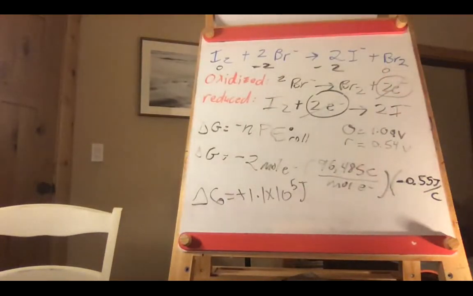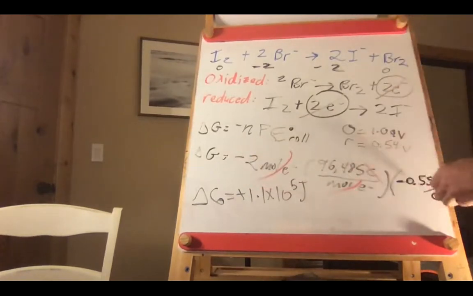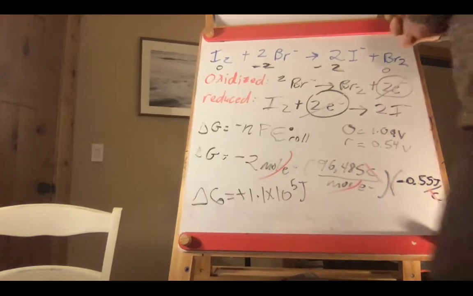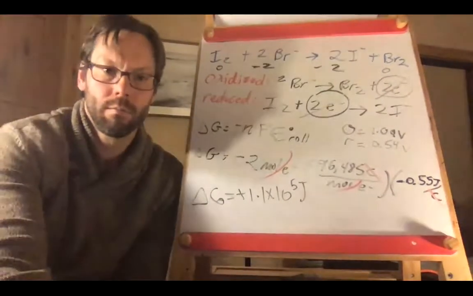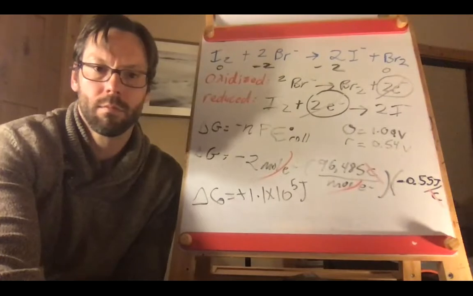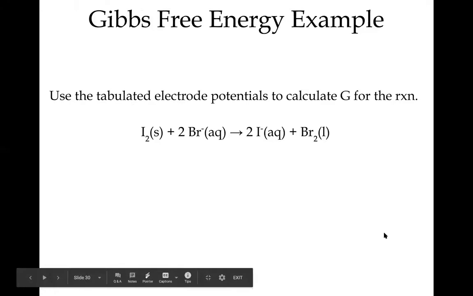Well, that's simple. Moles of electrons cancel, coulombs cancel, and the only unit we have left is joules. We haven't been working with units much with equilibrium and Ks and Qs, but once we get back to free energy, they become relevant again. So that was that problem.